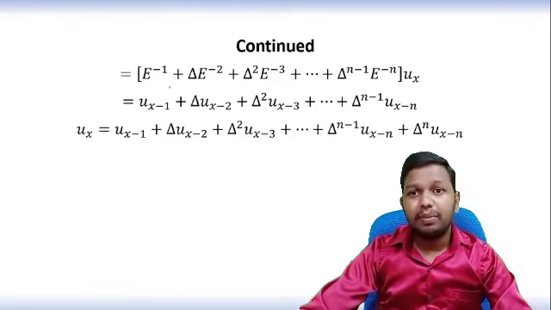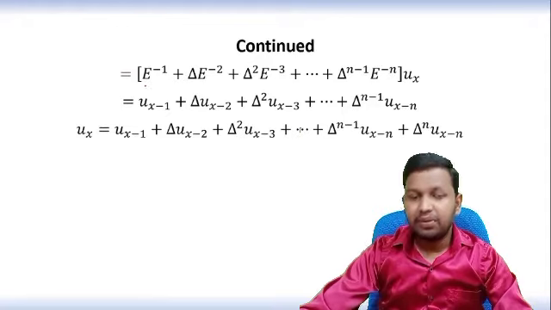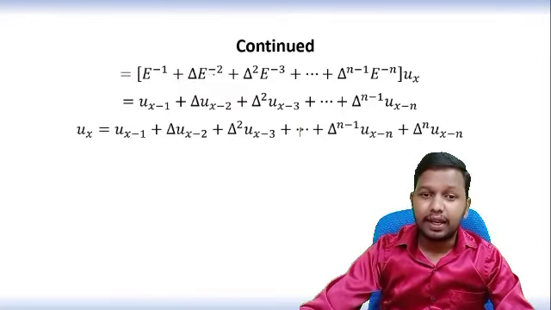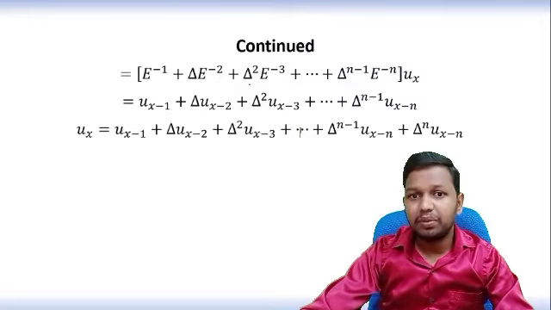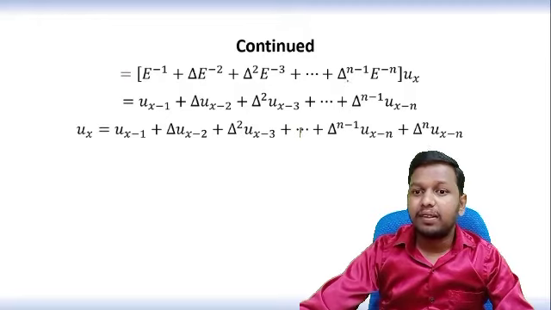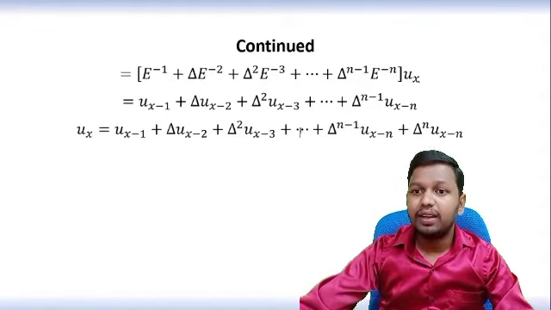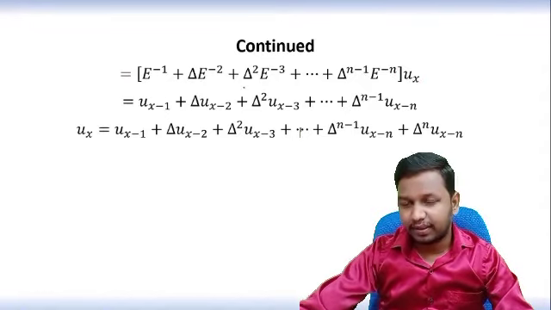which is equals to, after multiplying by E power minus n, we get E power minus 1 plus delta E power minus 2 plus delta square E power minus 3 plus and so on delta to the power n minus 1 into E power minus n of u of x.